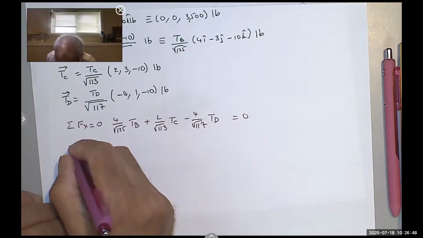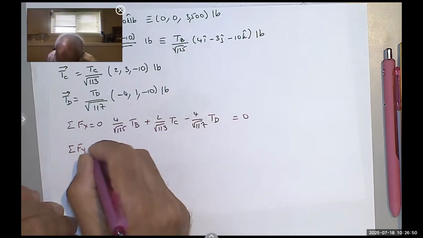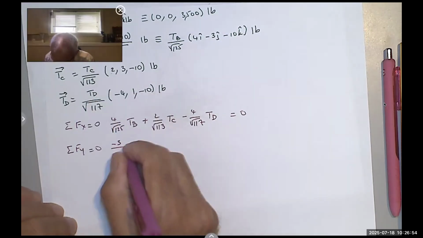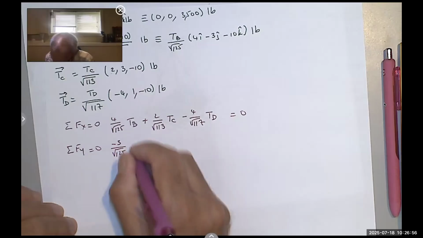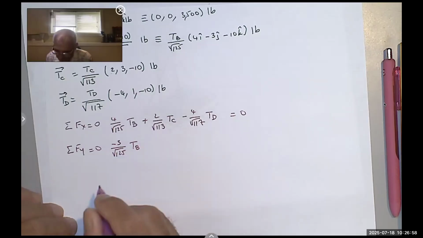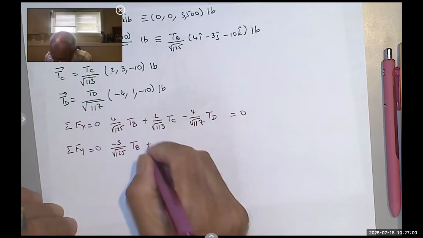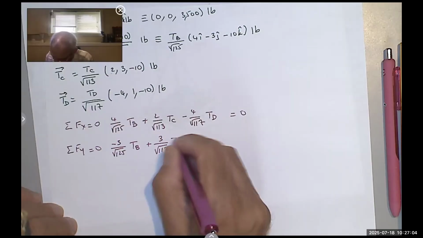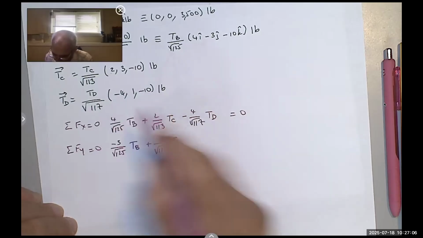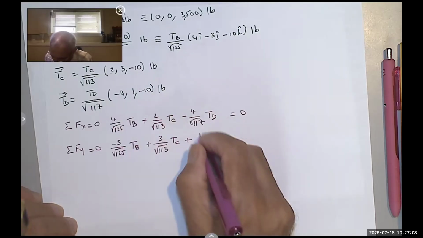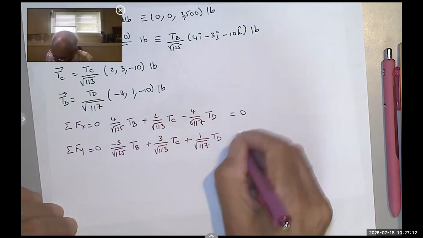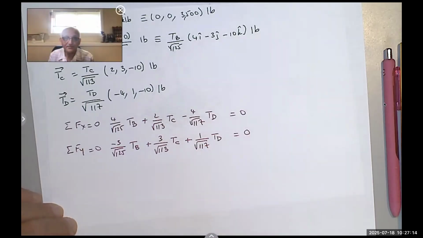The second equation, negative 3 over root 125 TB plus 3 over the square root of 113 TC plus 1 over the square root of 117 TD also equals 0.